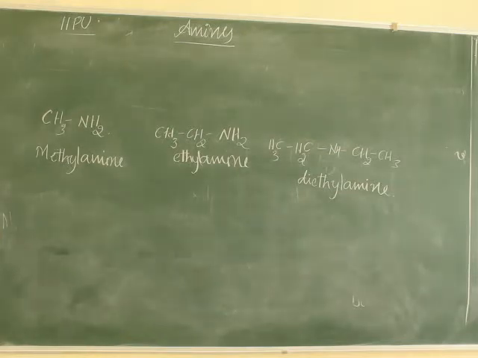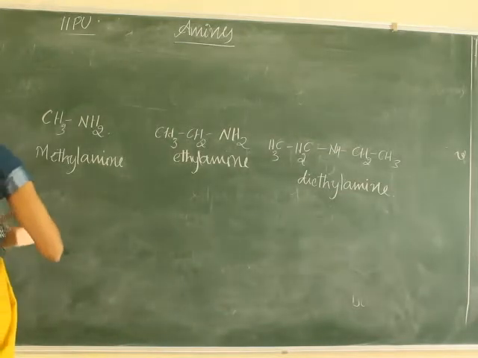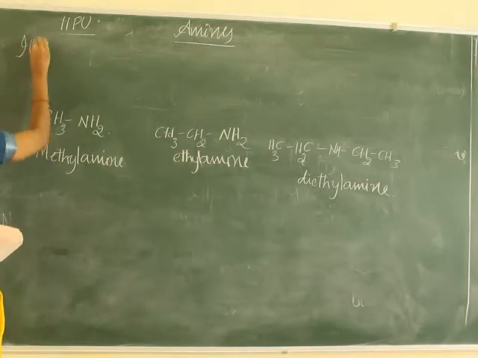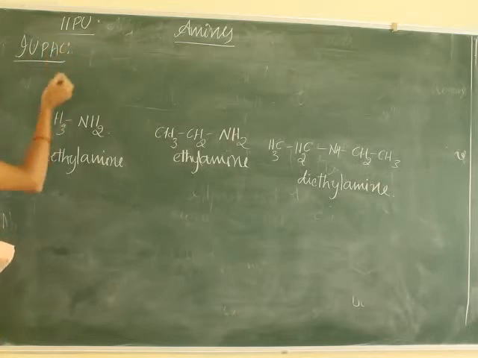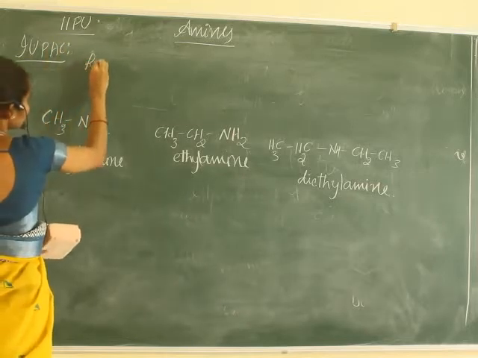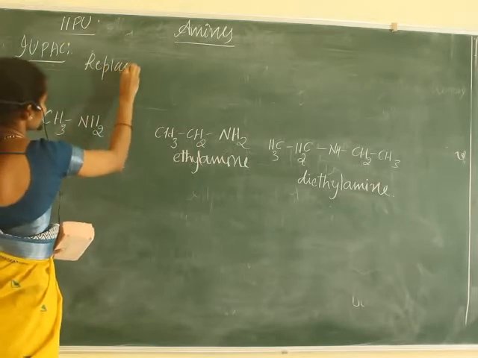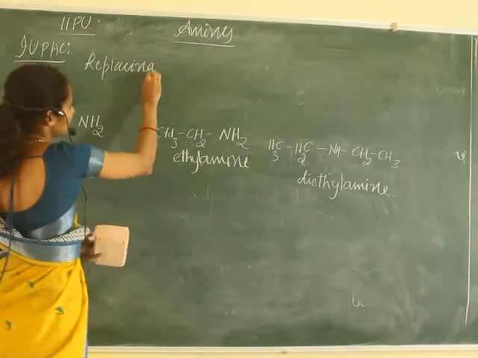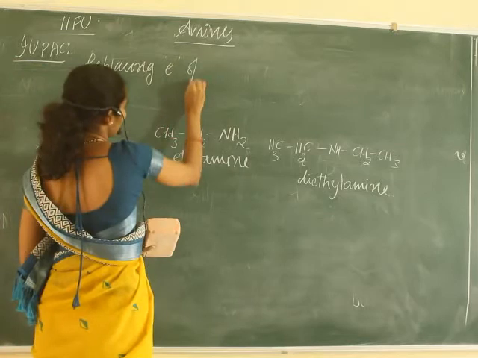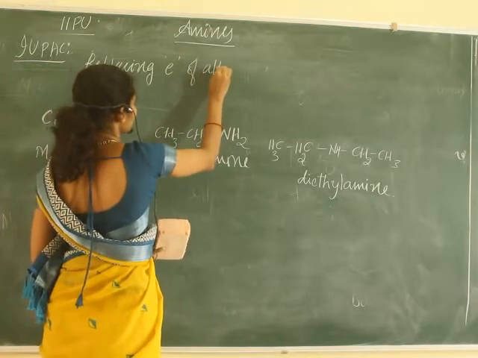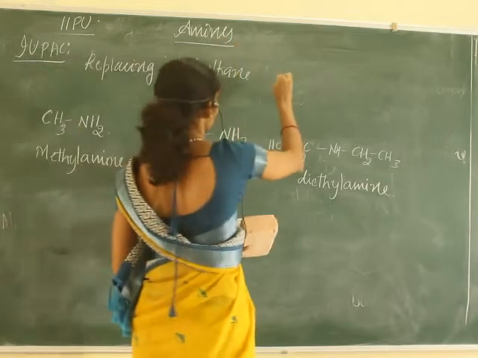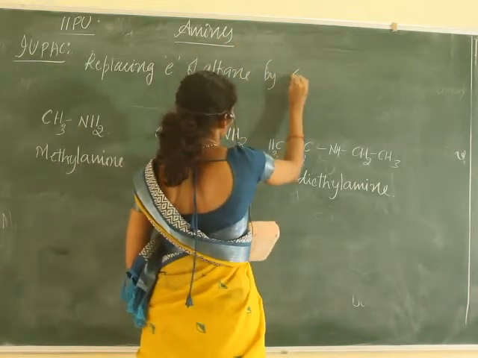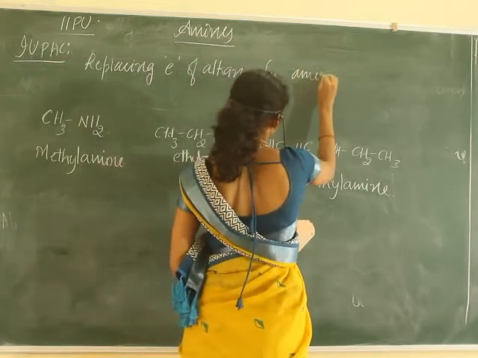In the IUPAC system of nomenclature, we name amines by replacing the E of alkane by amine.